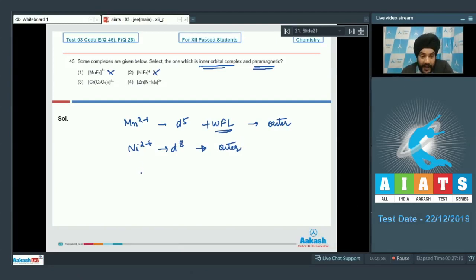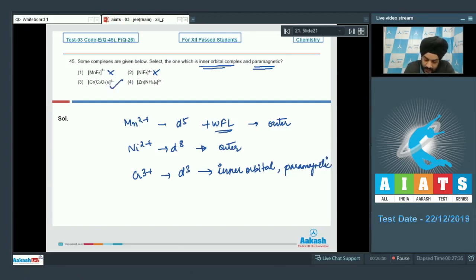Okay. If you look at the third option now, students, we have chromium trioxalate. So we have chromium in a state of +3. So it has a d3 configuration. D3 configuration will generally form inner orbital complexes, and the 3 electrons which are present in the d orbital will be unpaired, so it will be paramagnetic.